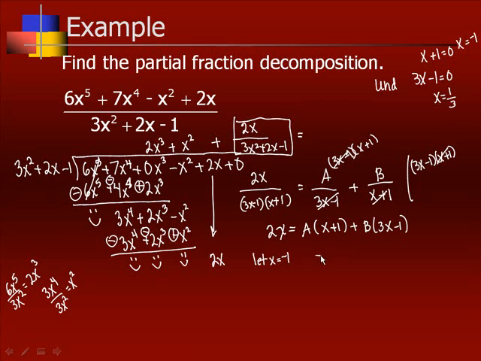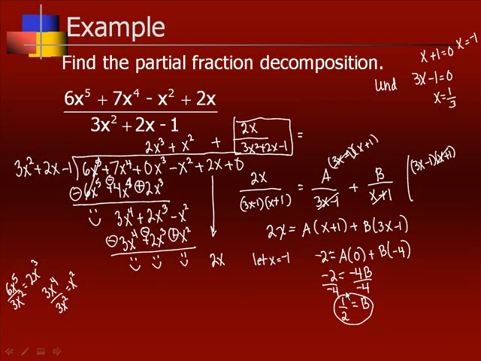So we get 2 times negative 1, which is negative 2, equals A times negative 1 plus 1 is 0, plus B times 3 times negative 1 is negative 3, minus 1 is negative 4. So we get negative 2 equals negative 4B. Divide both sides by negative 4, and we get B is 1/2.